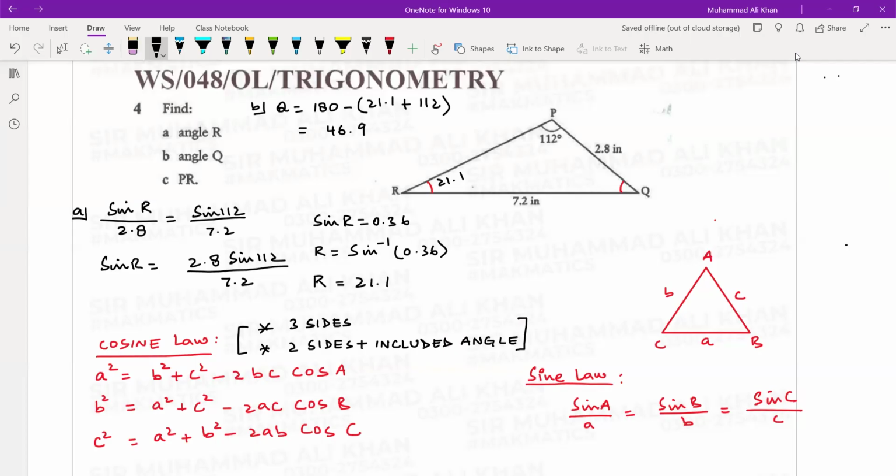Now stop working, all of you again. Part C, just look at the board. The side PR. If we have to calculate the side PR, then again we are using sine law.